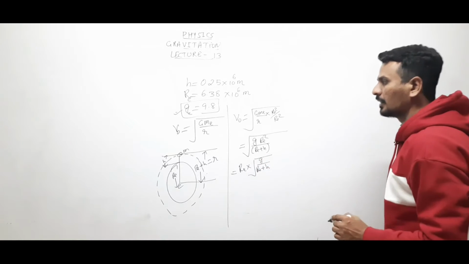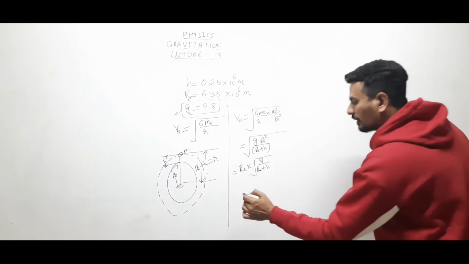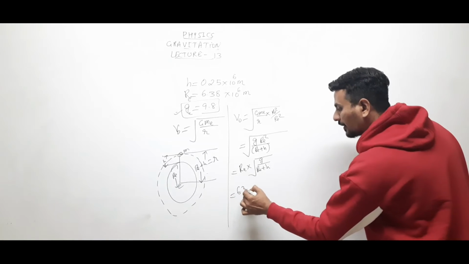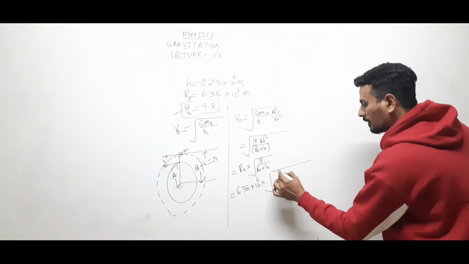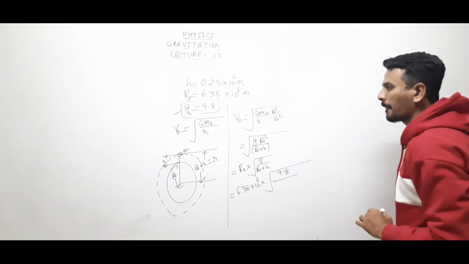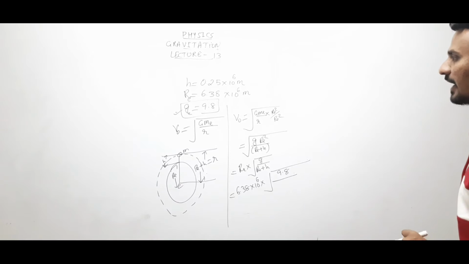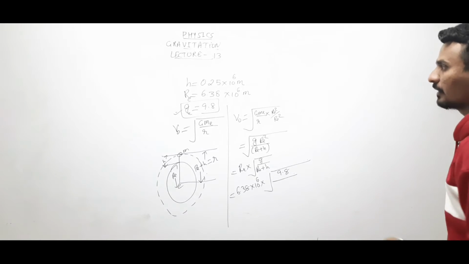Let us solve this. R_E is given as 6.38 into 10 raised to 6, into root of 9.8 upon 6.38 plus 0.25 into 10 raised to 6, right? R_E plus h. Clear?